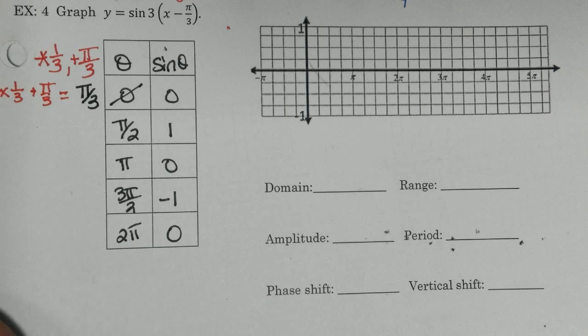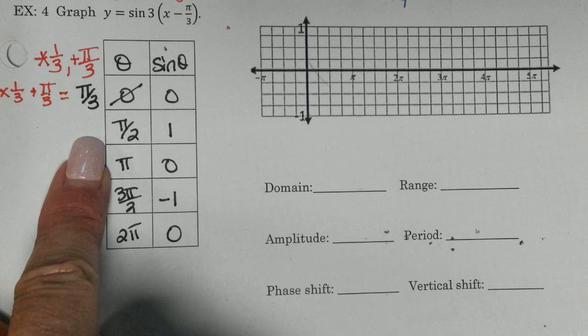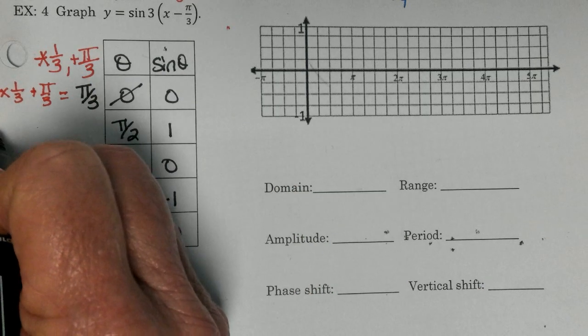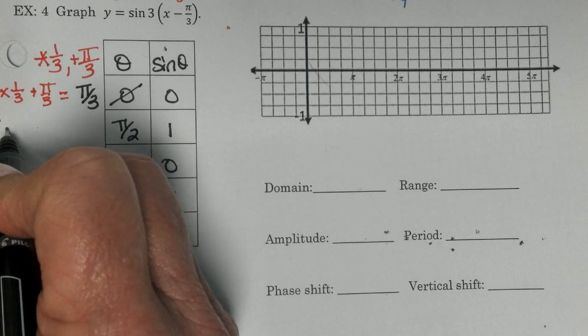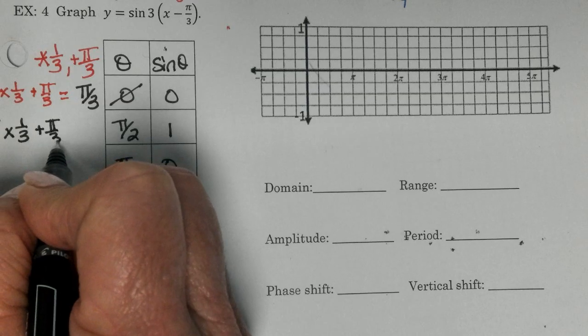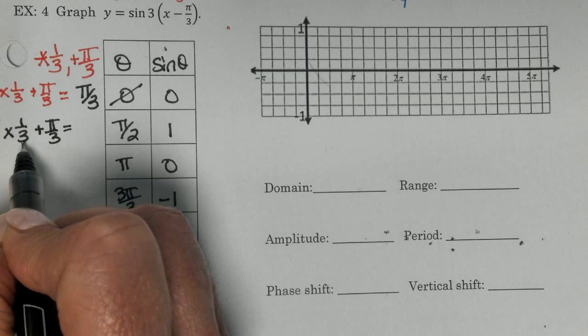That's going to be my new angle. I'm going to do one more to see if I can determine the pattern. Okay, so then I've got pi over 2 times 1/3 plus pi over 3. Okay, this would be pi over 6.